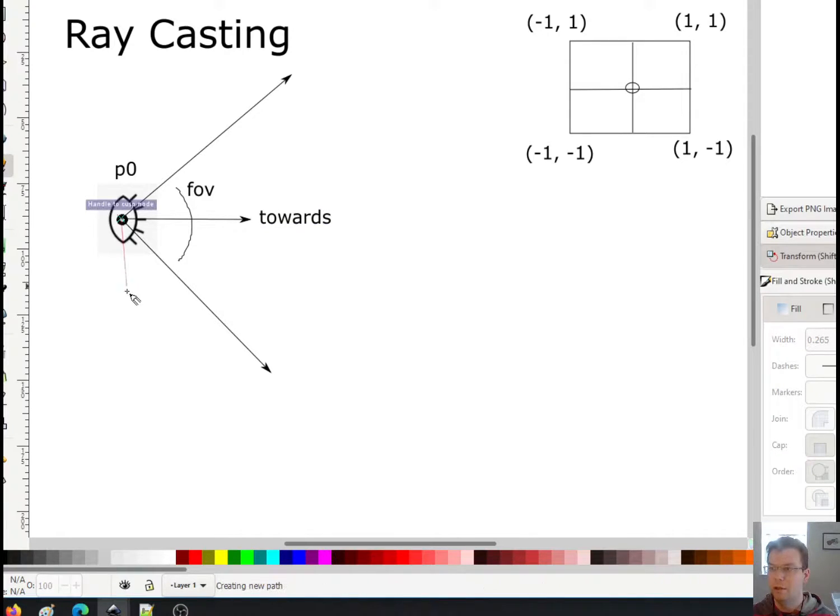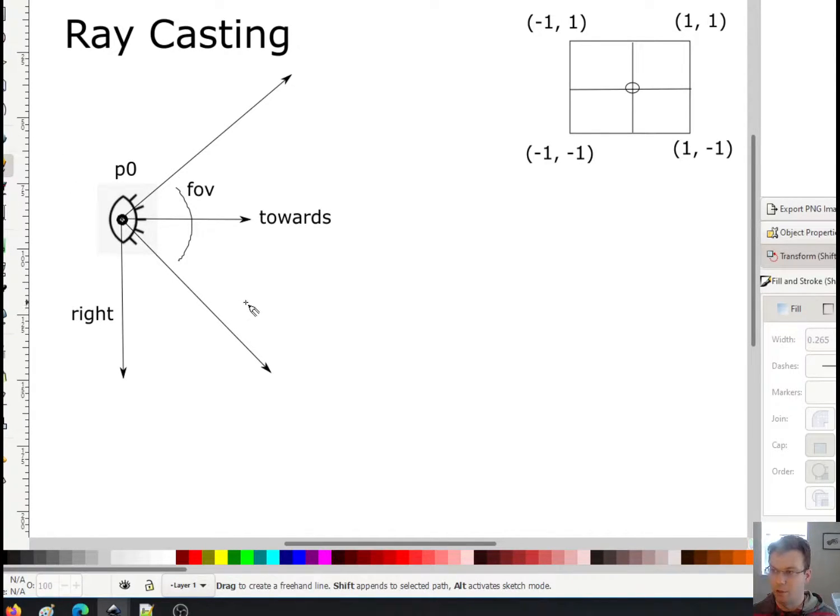We actually need another vector too, which says what is the direction to the right of the eye. So this is the right vector. Okay, so with towards, right, and the field of view, we have enough parameters to figure out where all the rays should go in between these two extremities.